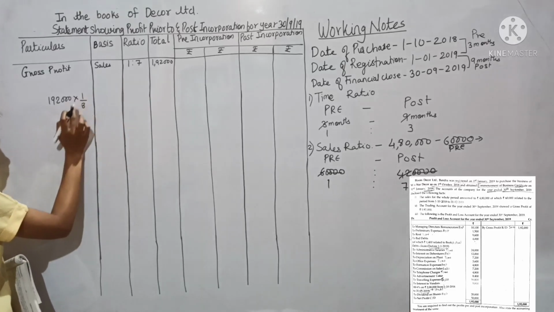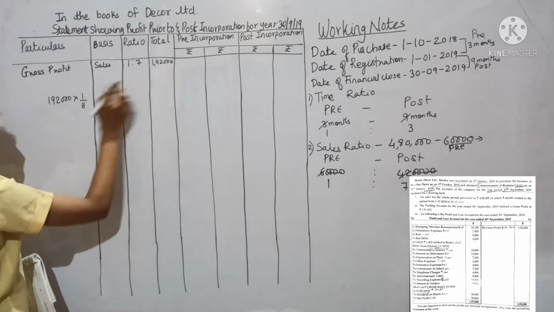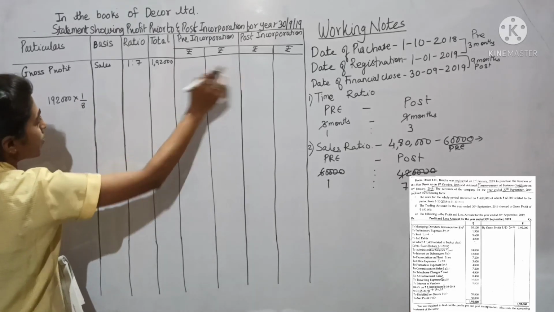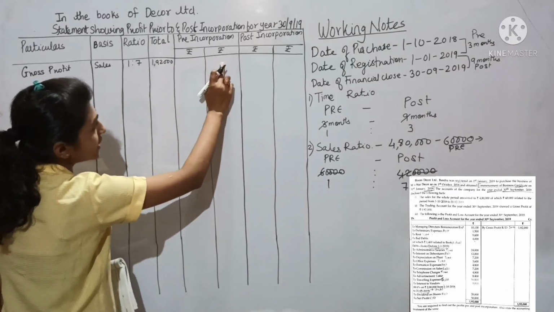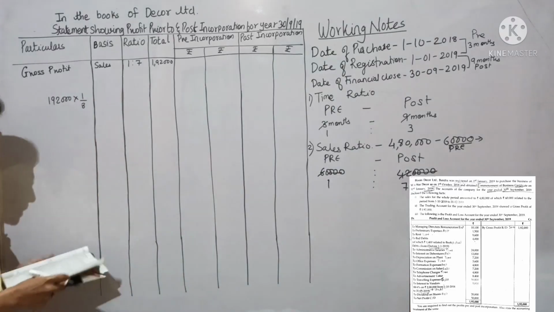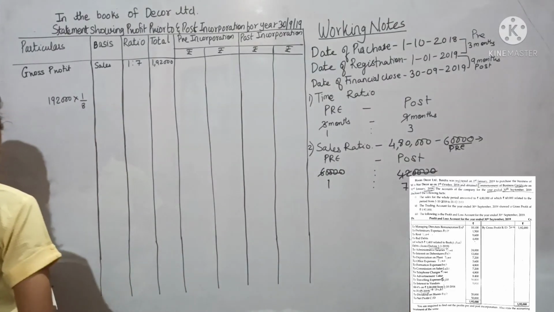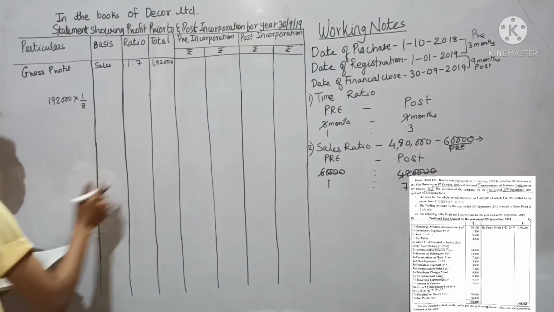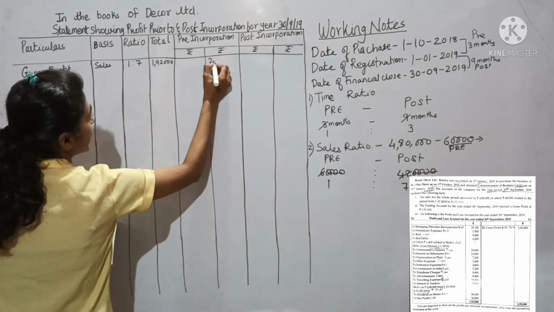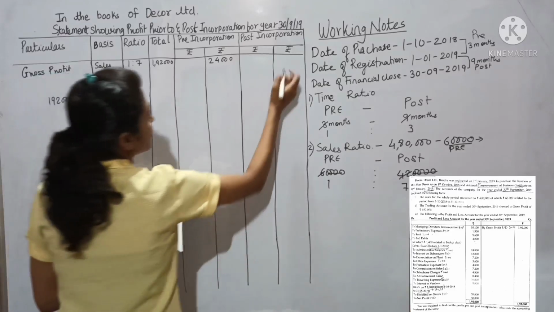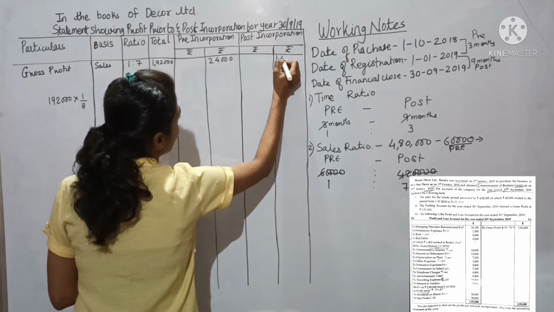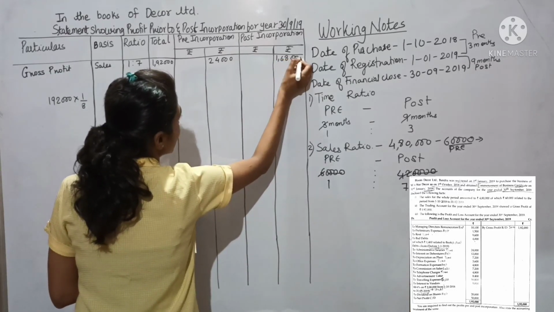And this 1 is for pre-incorporation and 7 is for post-incorporation. Now gross profit you are going to write in the credit side. So 1,92,000. Here you get 24,000 for pre, and for post you get 1,68,000.